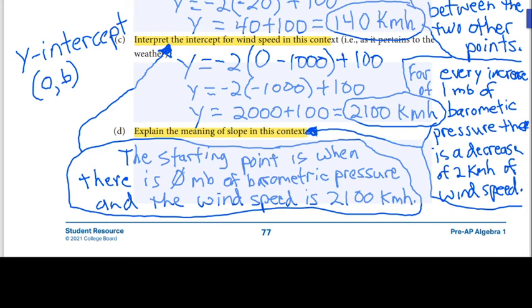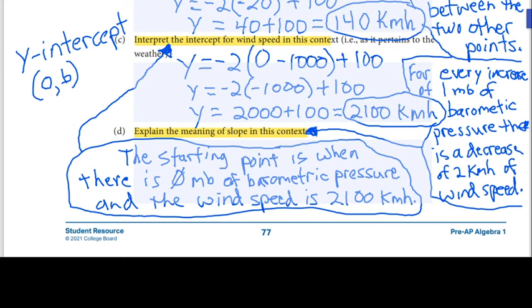All right, so if they ask you about intercept, the intercept is a starting point. Okay, that's where you start from. And the starting point is where the x value is 0. In our case right here, the x value is barometric pressure. So at 0 millibars of barometric pressure, the wind speed is 2,100 kilometers per hour.